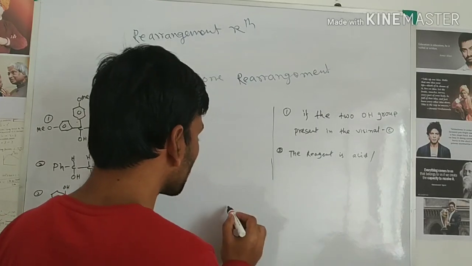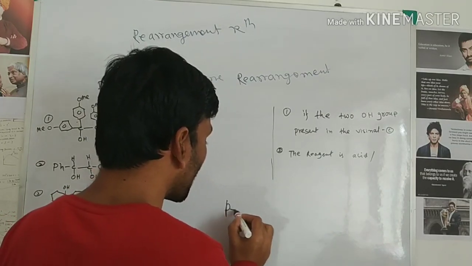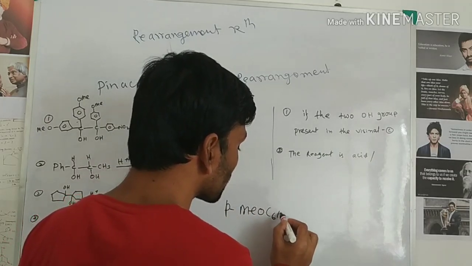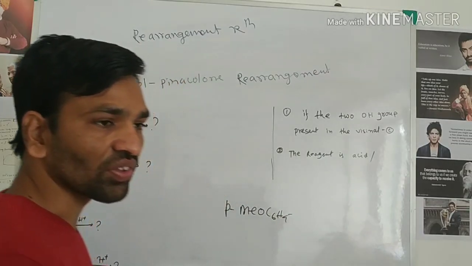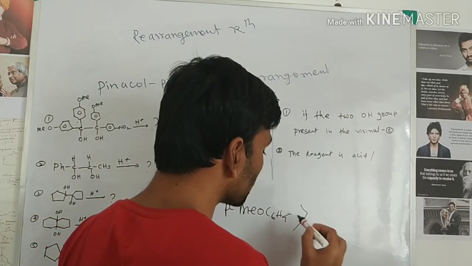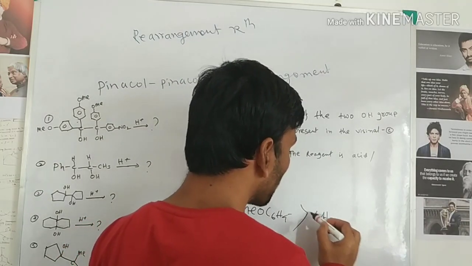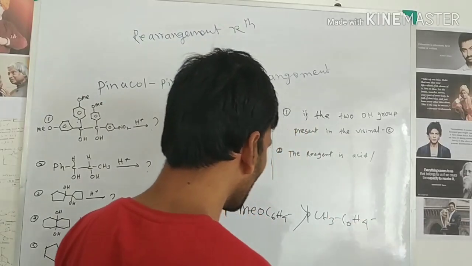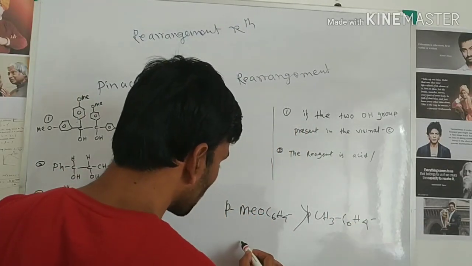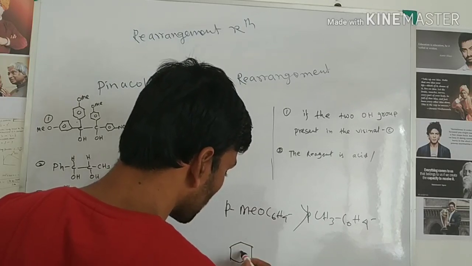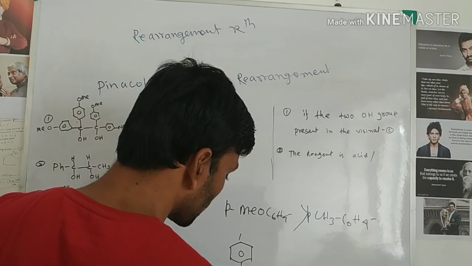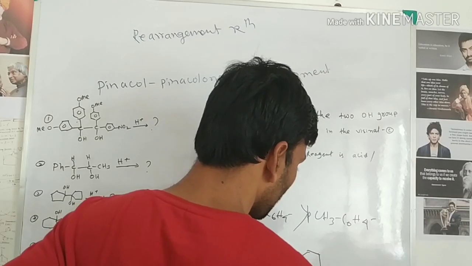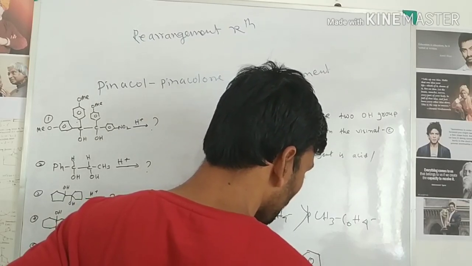Here the para-methoxy phenyl group has greater migratory aptitude than the para-methyl phenyl group, because the para-methoxy group is greater in migratory aptitude than the para-methyl group.